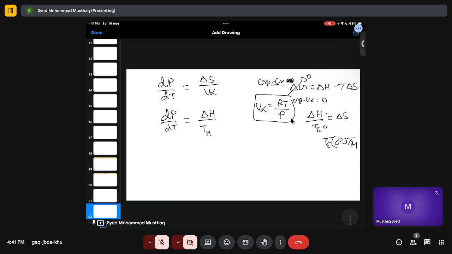Then for the volume we have R times T upon pressure, so dP by dT will be equal to delta H upon R times P upon T squared.